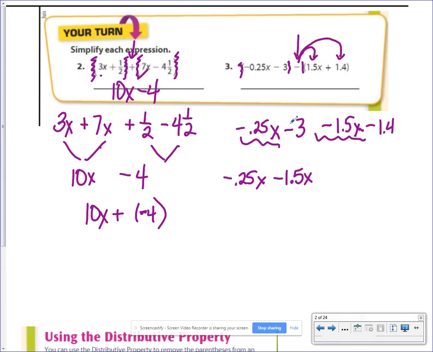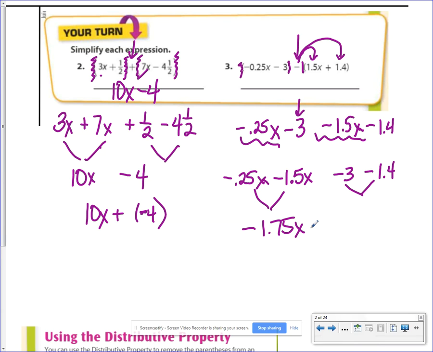This minus 3 is like adding a negative 3, so that can come next as a constant. And the minus 1 4/10, or negative 1.4, is the last thing, the caboose, the last part of the train. All right, combine these two together and watch your signs.